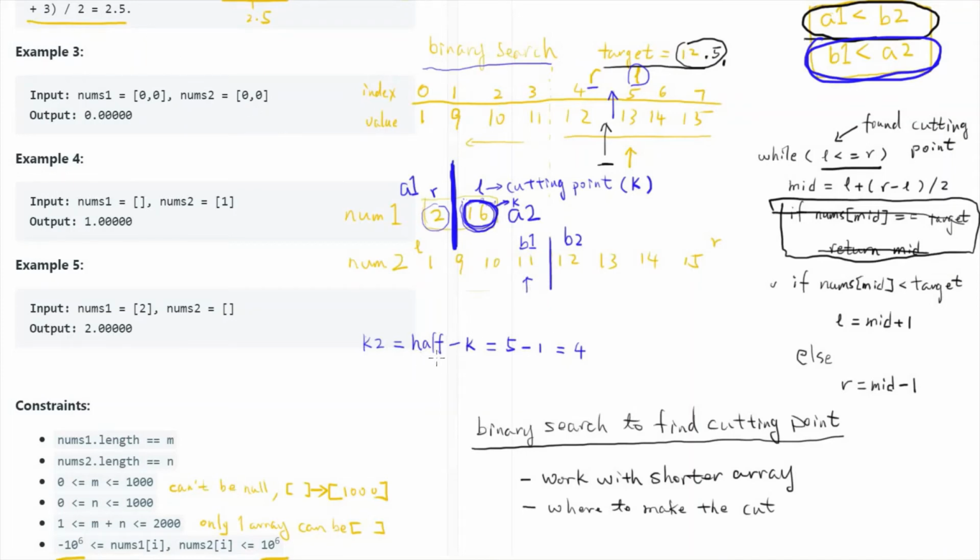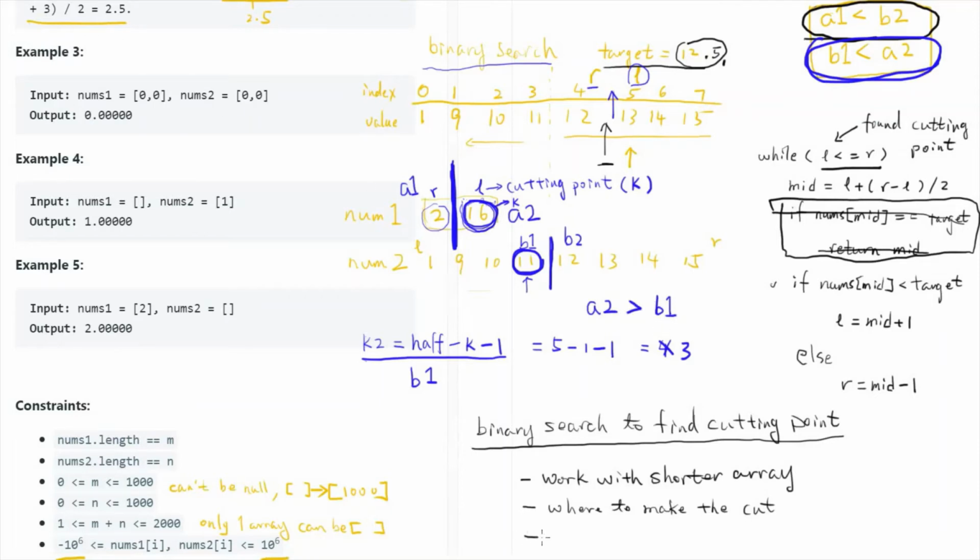So our formula will have another minus 1, and it gives you 3. So this formula finds B1. Once we find B1, we will cut on the right side of B1. In our algorithm, we will compare A2 with B1 and make sure it's greater than B1.